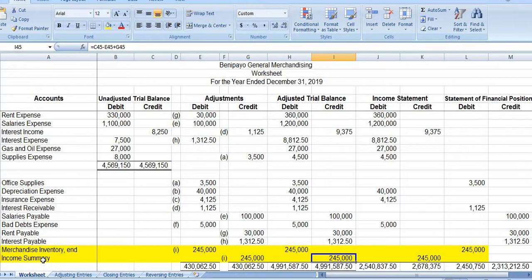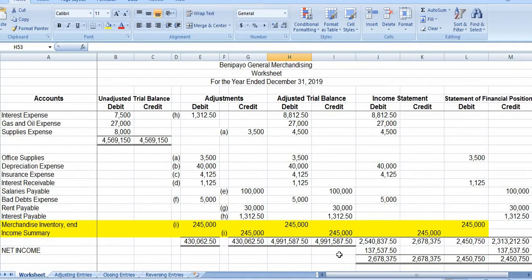That's why notice this amount is on the credit column of the adjusted trial balance, because the normal balance of merchandise inventory end in the income statement is credit. So this amount of 245,000 must be forwarded here to the credit column of the income statement in the worksheet.